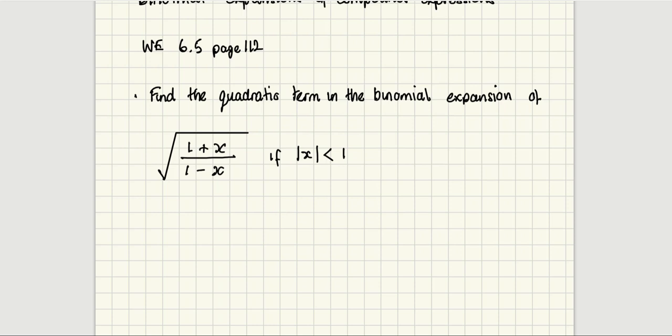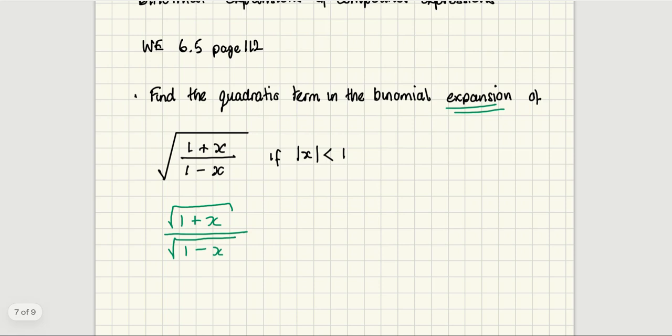Okay. So first thing is to write it in a form where we can actually do an expansion. So we're going to have 1 plus x square rooted over 1 minus x also square rooted, using the laws of surds.